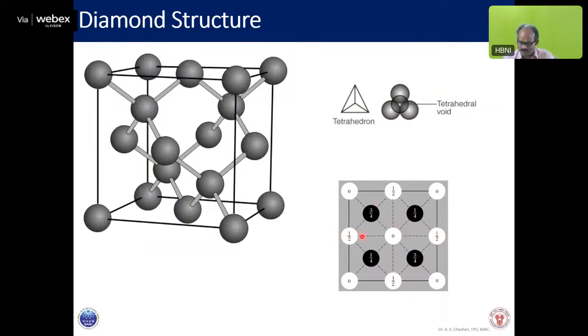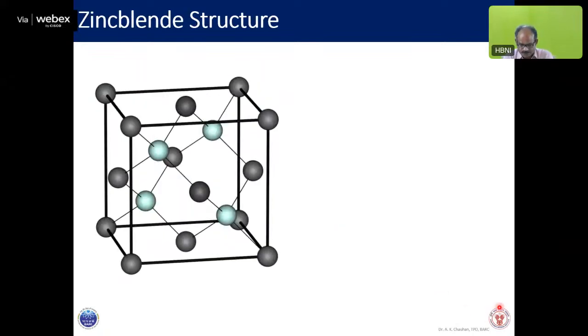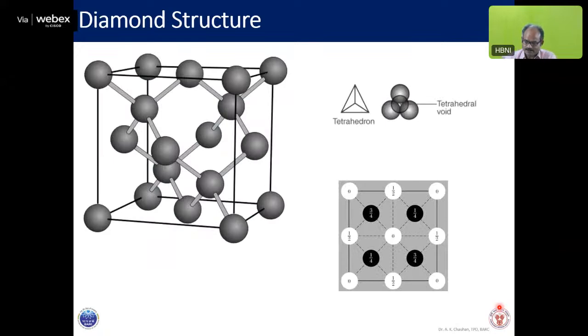I will have these 4 atoms, and then if I move further up, I will get these 2 at 3/4. Then if I move further 1/4, I will automatically get these 5, 1, 2, 3, 4 at exactly A, and 1 at the center. This was the diamond structure.